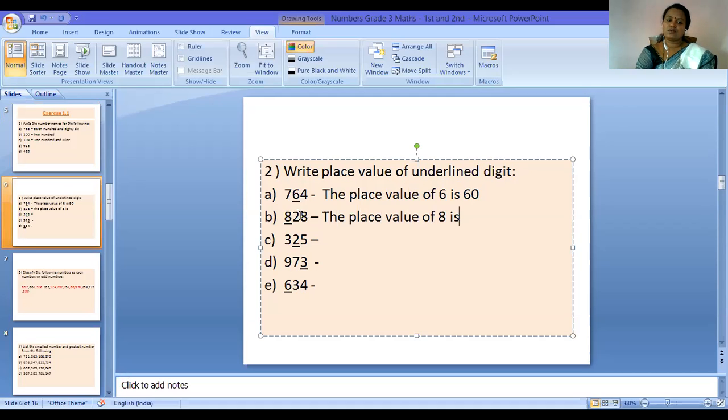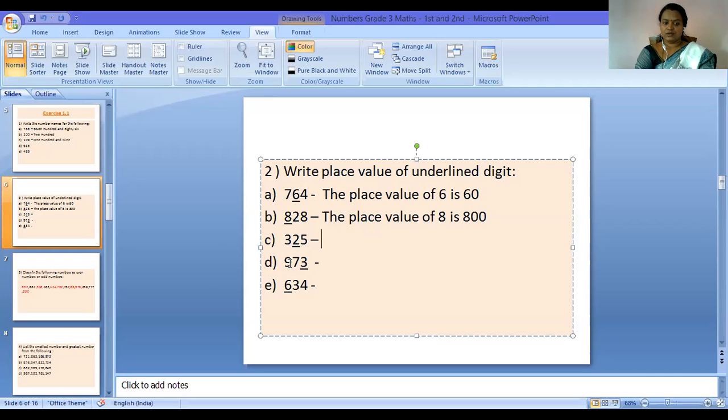We look for the underlined digit's place, and you see it is in the hundreds place. So 8 is 800. In the same way, the second one, 325: you can see 2 is again in the tens place. So the place value is 20.